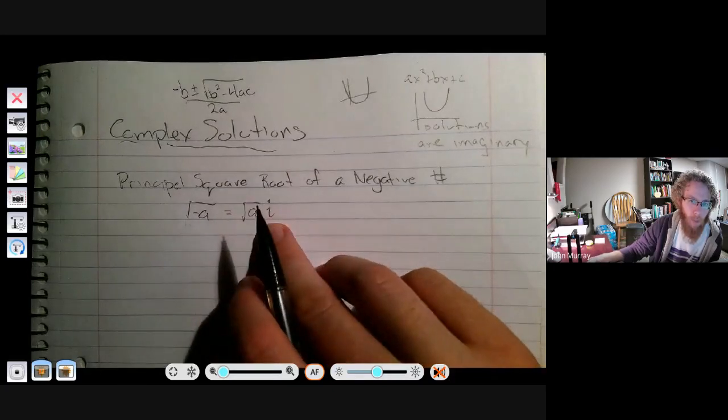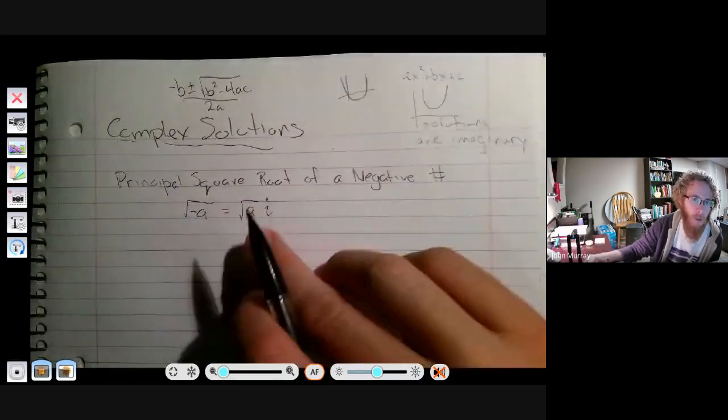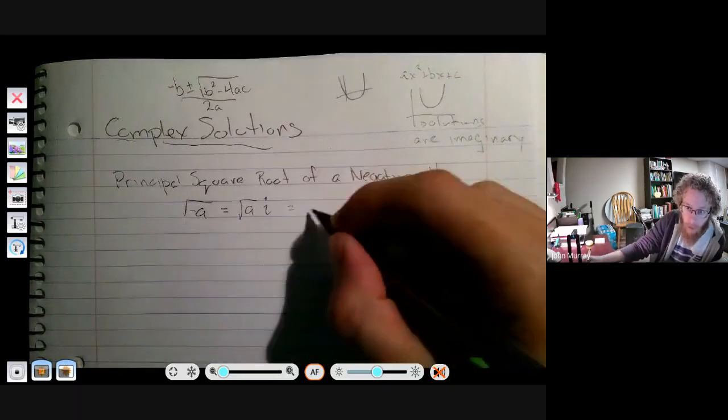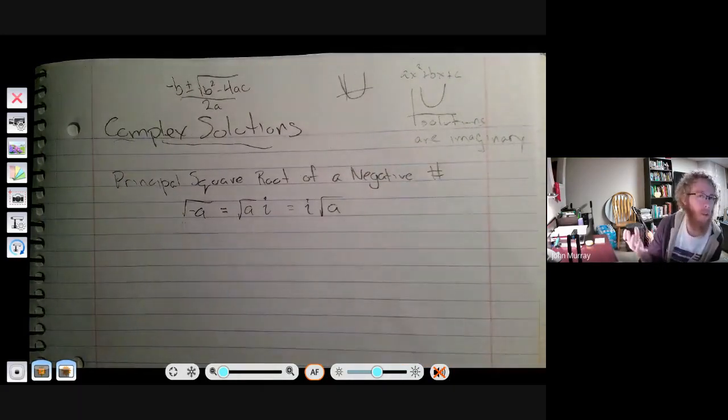So you treat it like a variable; the x always comes last. But if you wrote it as i times the square root of a, that's fine as well. They mean the same thing.